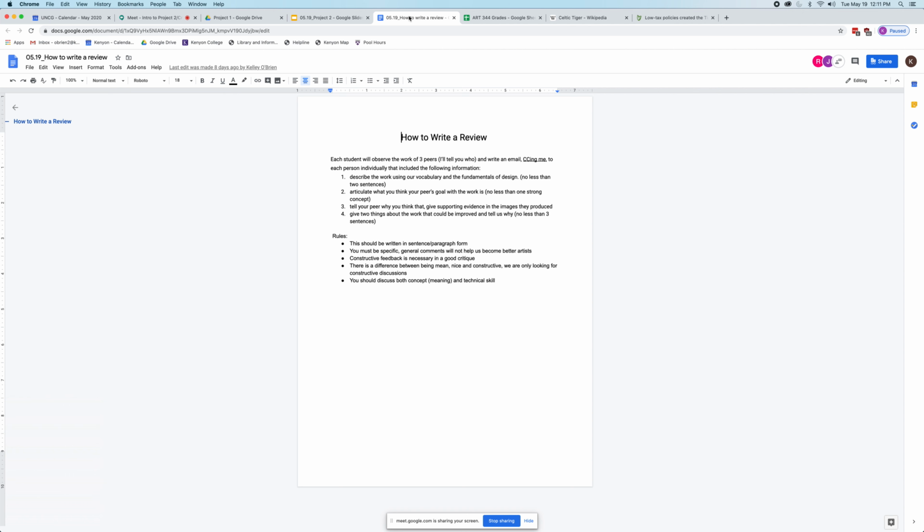And then you will give 3 sentences in which you're saying, here are 2 things in this work that could be improved and why. So one could be a craft thing, and one could be, I'm a little unsure about the connections between this piece, and I really wonder how you could make that stronger. It could also be about the arrangement.